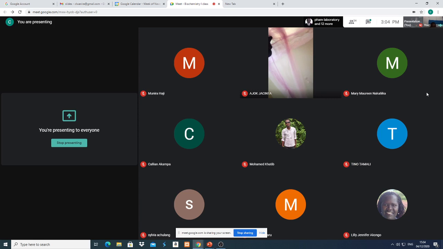A covalent bond is a bond which is formed when elements that are involved in that bond formation do equally share electrons. When they do equally share electrons amongst themselves, then the nature of bond which is formed is what we call a covalent bond.